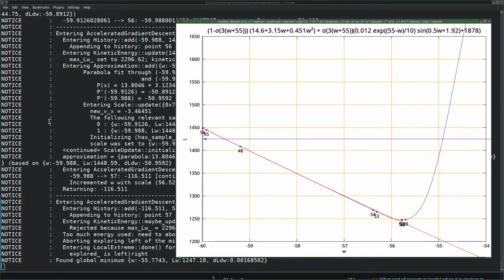A bit too far if you ask me. But yeah. It kind of works. And that's the minimum that it found. It's pretty good.